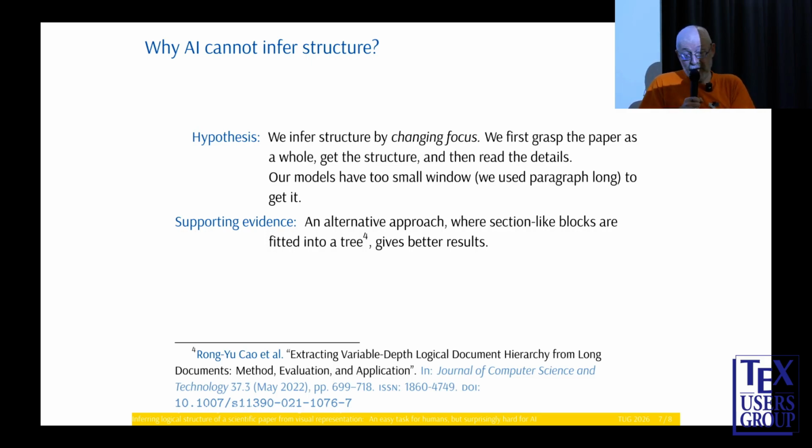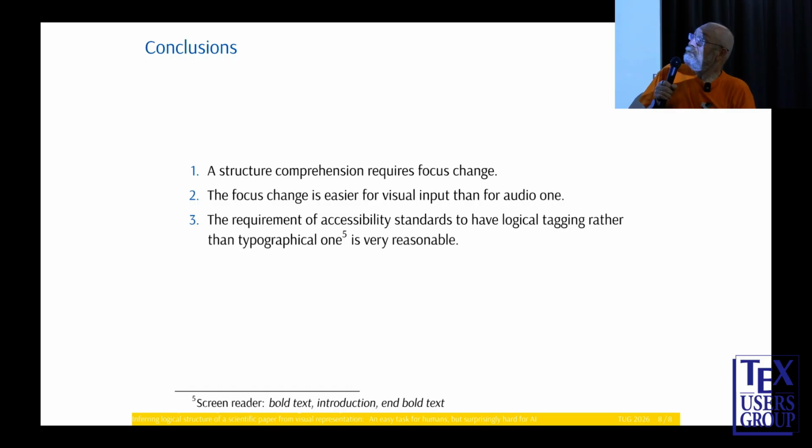In our research, what we did, we put chunks into models paragraph by paragraph. And I think this is what actually made this not work, because you cannot understand the structure if you read it paragraph by paragraph. You need first to look at it as a whole. Suppose this is right. What can we conclude from this? First, we understand that humans decipher visual contents using change of the focus.